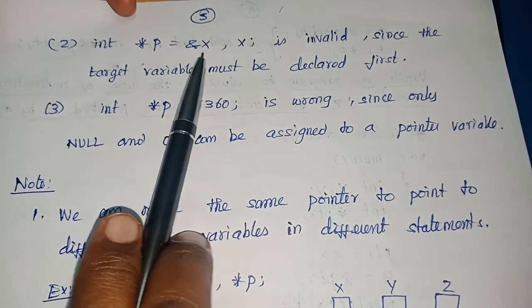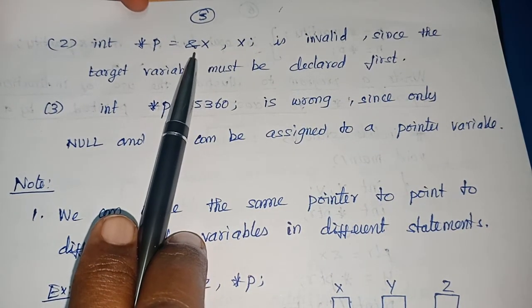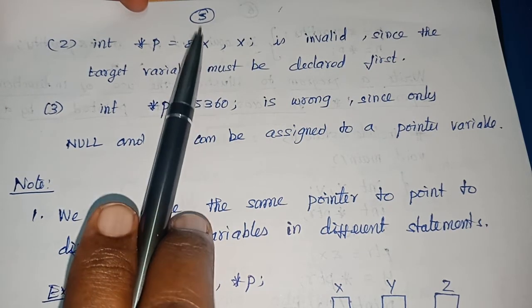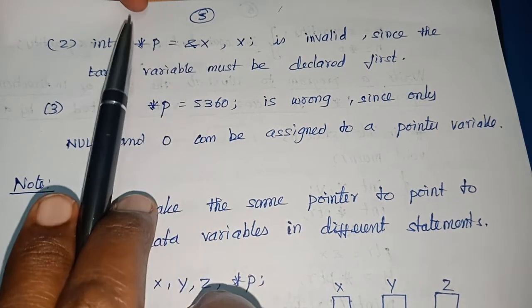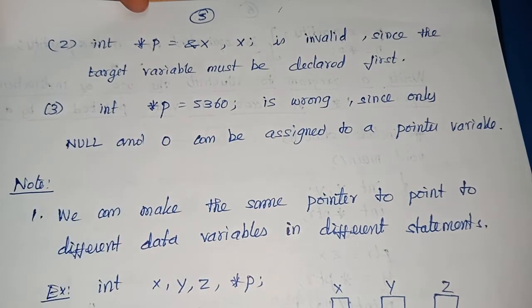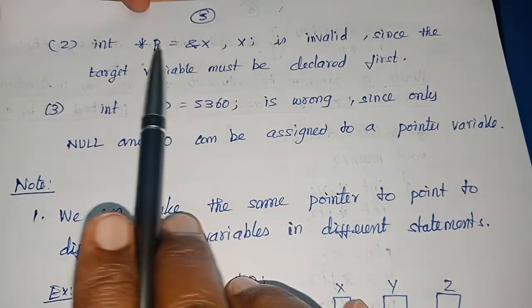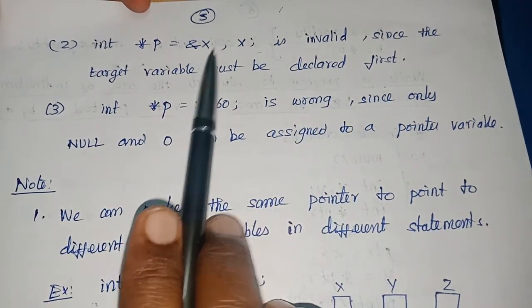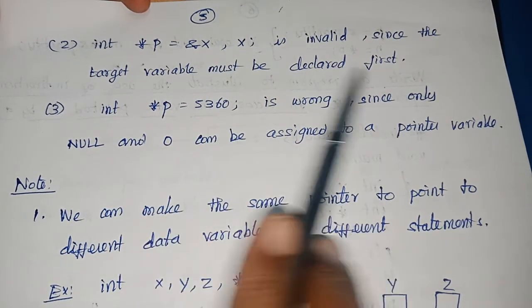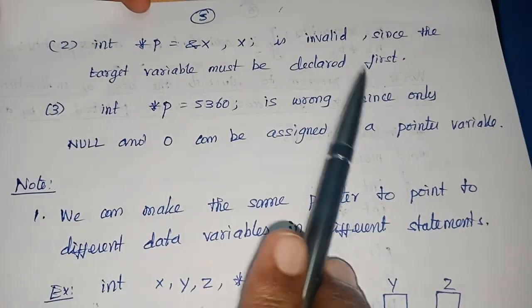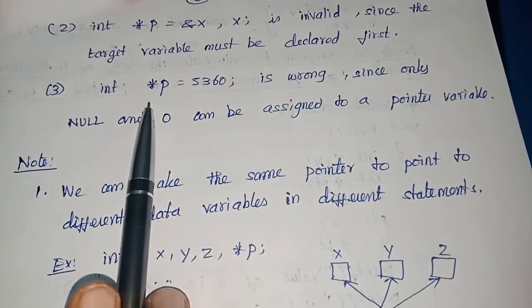So whenever you want to initialize a pointer with the address of any variable, that variable should be declared before this assignment. So this is an invalid statement since x is declared after the initialization. It should be declared first.